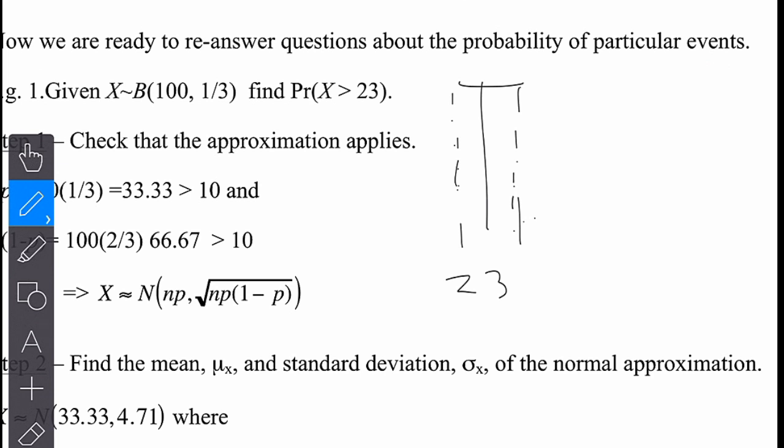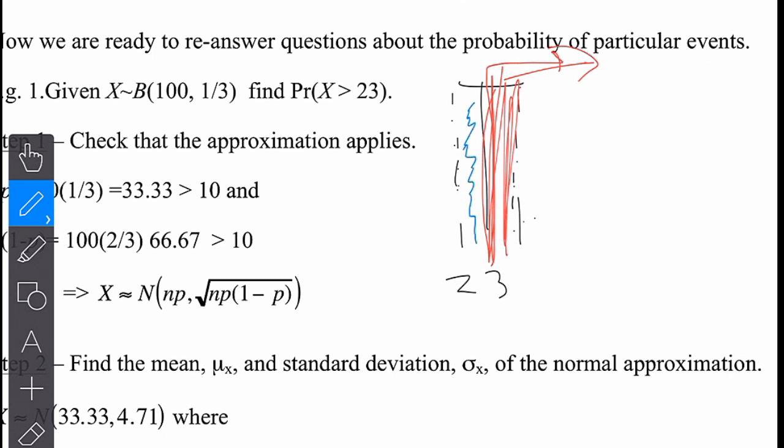Okay, so I want greater than 23. If you just think there's a histogram all around, if I just do greater than 23, then I'm going to get all this and everything before it. But what about this piece?